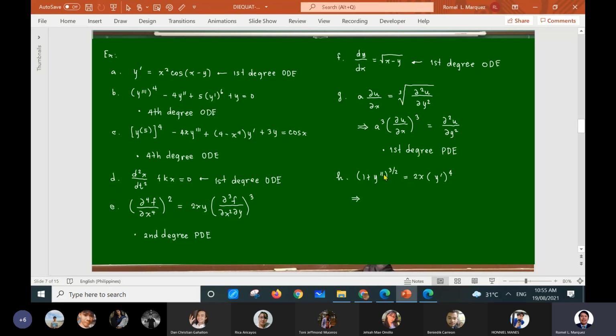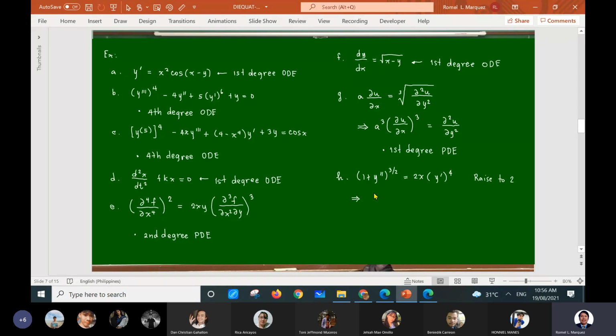Because if you raise that to 3/2, you will have a fraction here for the derivative. You just raise to 2, okay? So raise to what? Raise to 2. Okay?